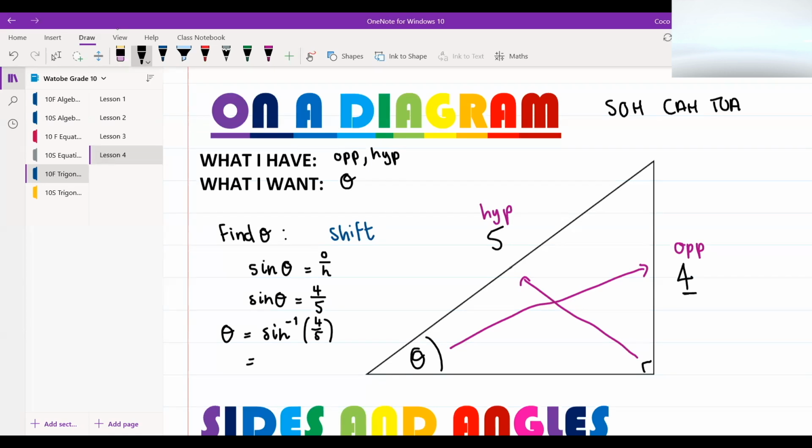No. The instruction is find theta, and theta is the angle, the degree. That's why we're clicking shift. So we're going to use the opposite and the hypotenuse to find the angle. So we go shift sine 4 over 5, and then what answer do you get?